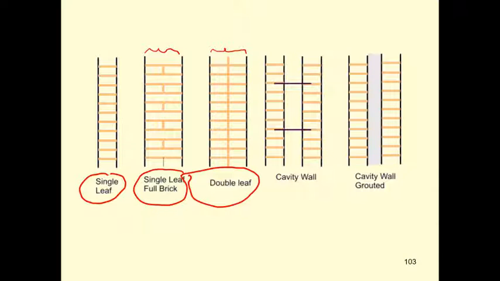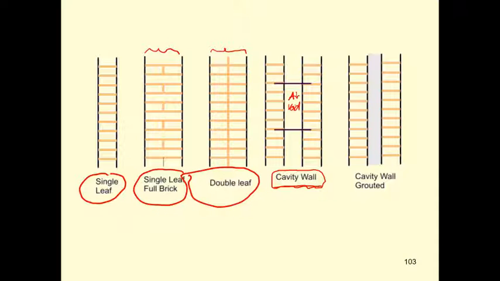Okay. Another pattern of building the load-bearing wall is the cavity wall. The cavity wall is better than the double leaf or single leaf full brick because of the air void over here. They put the air void for temperature insulation.